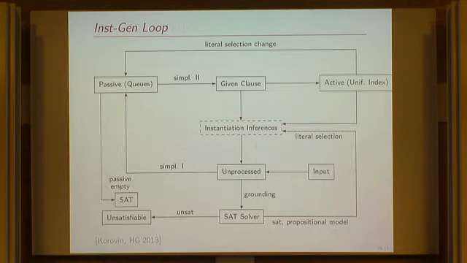Okay. So this is implemented in iProver. This is an instantiation-based loop, which is similar to the given clause algorithm in superposition, but there are lots of differences as well. Basically, this given clause algorithm takes an input set of clauses, pre-processes it, and submits some groundings to the SAT solver. Then it submits clauses to passive queues, where clauses are ordered with some heuristics.